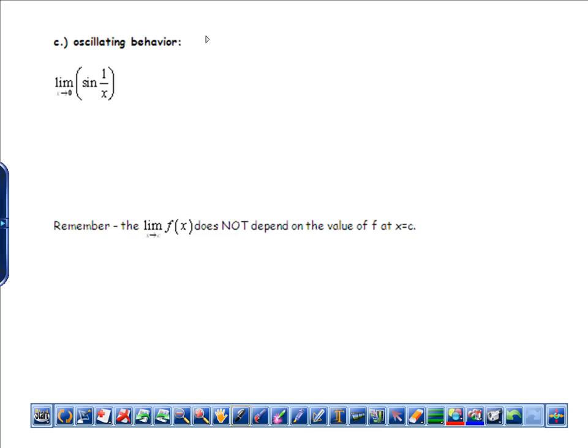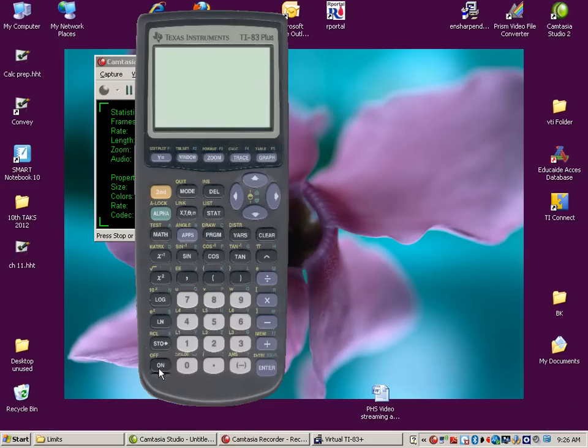All right, oscillating behavior. This is like number 7. And this graph, I'm going to actually graph on the calculator and show you kind of how weird it looks. This is really hard to draw by hand, that's why I'm doing it on the calculator.